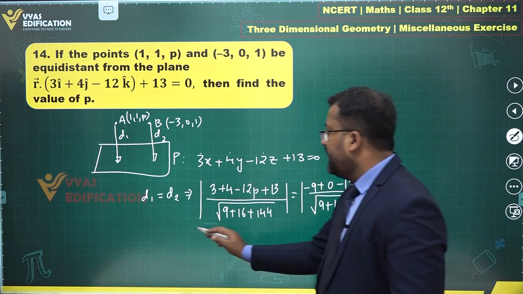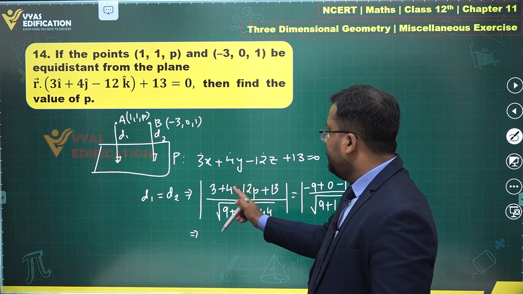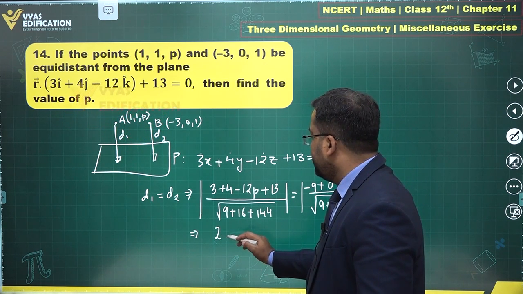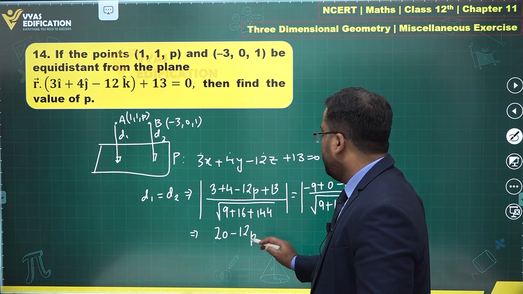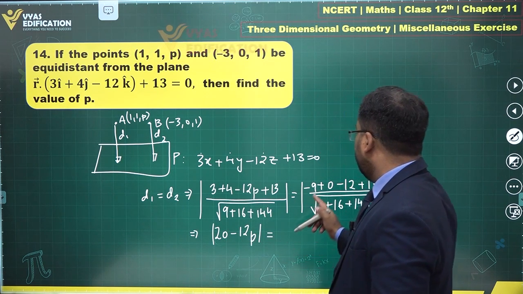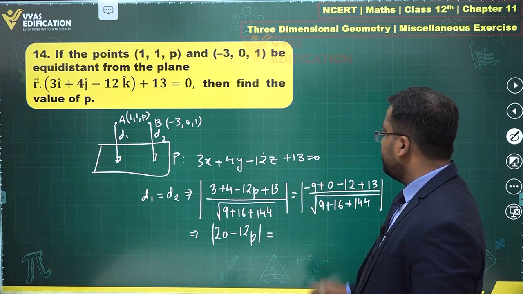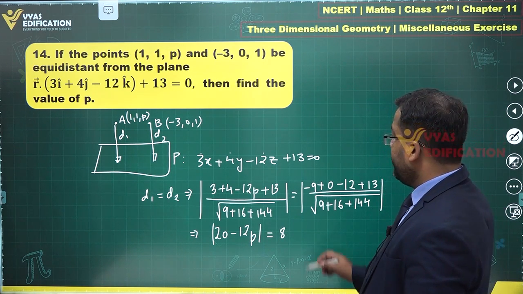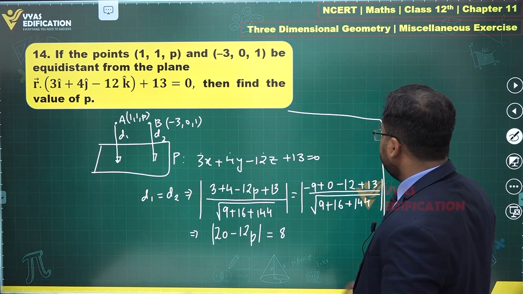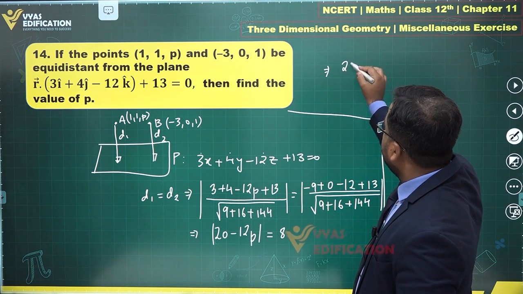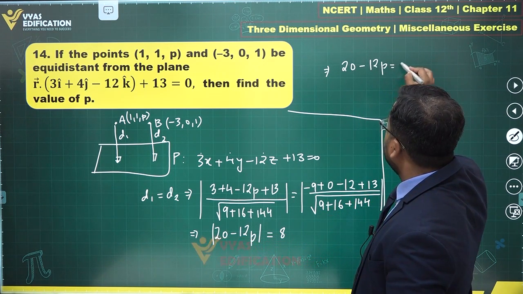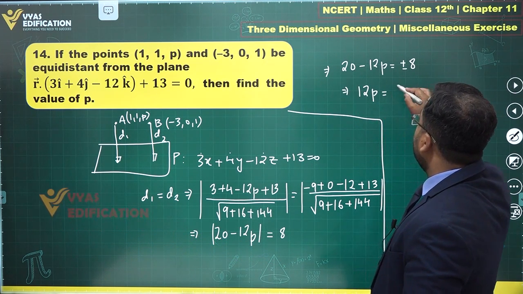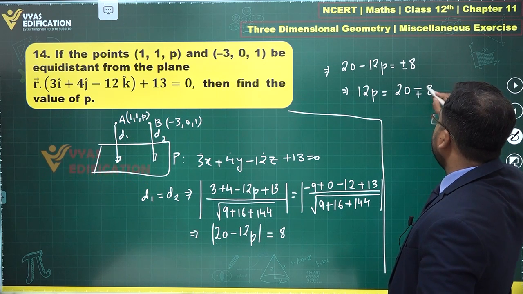But this here is irrelevant. This denominator will get cancelled. What will you get over here is 13 plus 4 plus 3 is 20 minus 12p, and its modulus is equal to what over here? 13 minus 12 is 1, minus 9 is minus 8, and modulus will give us an 8 over here. This is what you get. And removing the modulus, 20 minus 12p is equal to plus or minus 8, or you can say that 12p will be equal to 20 minus plus 8.